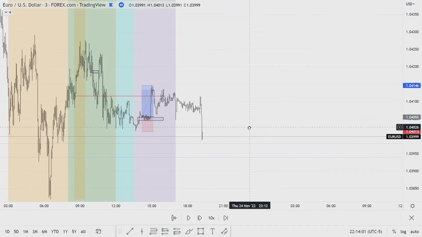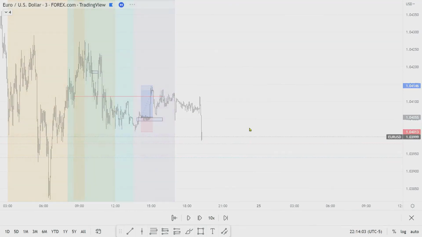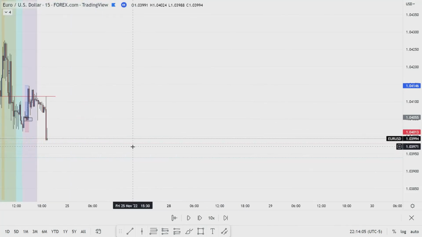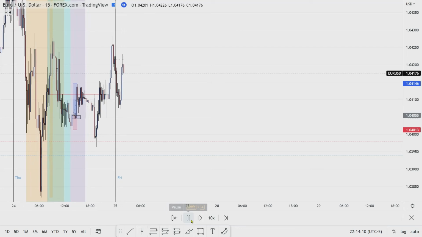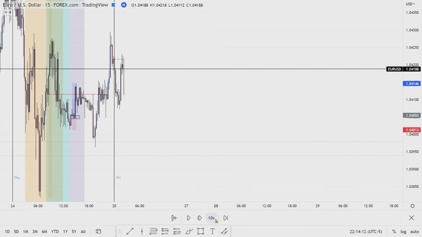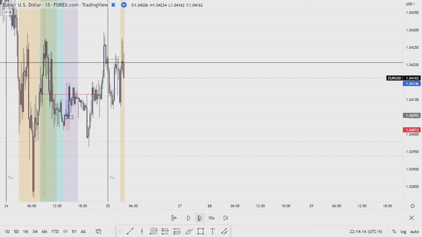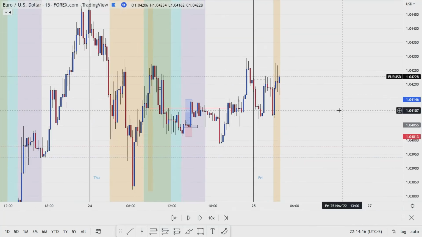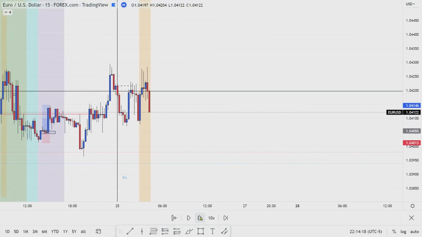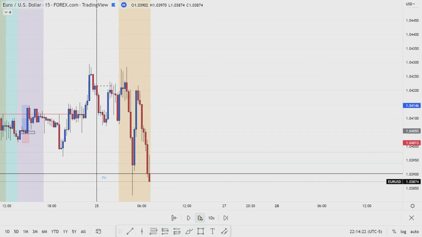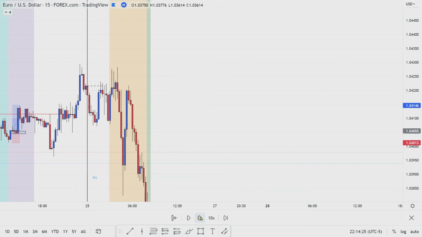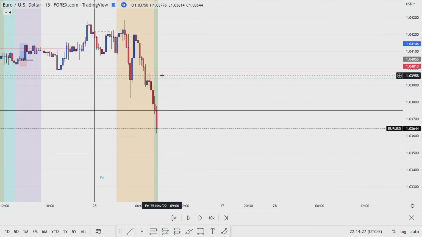And so what we're going to do is go into Friday and see how Friday would have played out. So that's Friday. That's Friday London. All right, so now we're in Friday New York morning session.